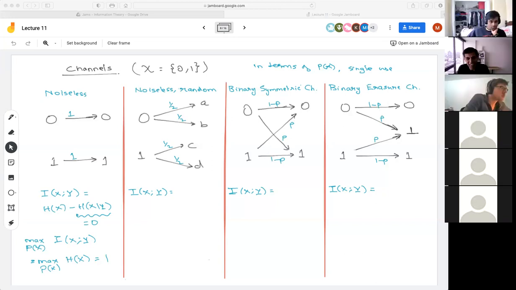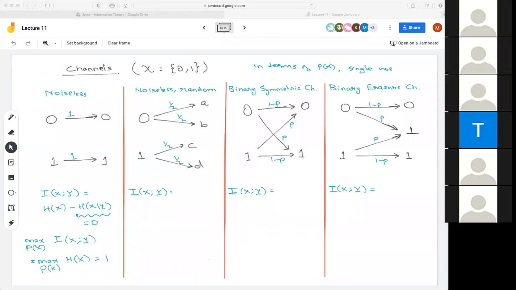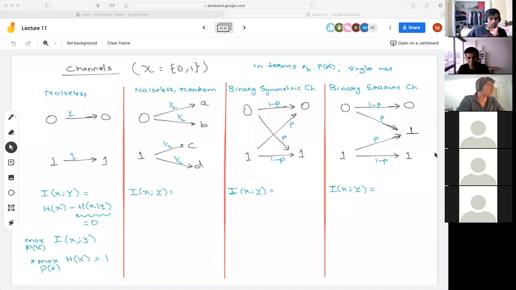Madhur, a question. Yes. So here, this probability distribution P is being decided by the encoder, right? We're assuming that the messages are uniform. And then once I fix my encoder, this P of X is fixed. Yes. So right now I'm not relating it to the encoder. I'm just asking a question of computing the capacity of the channel where we are allowed to pick the distribution P for free.